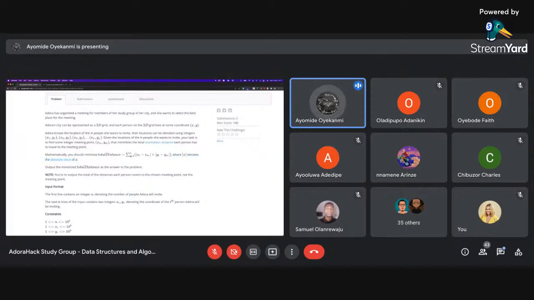The way you minimize total distance is by minimizing, like getting the optimal meeting point. Because what total distance is calculating is the distance that the first person takes to the meeting point plus the distance the second person takes to the meeting point plus third person up to the last person, right? And that will be total distance.